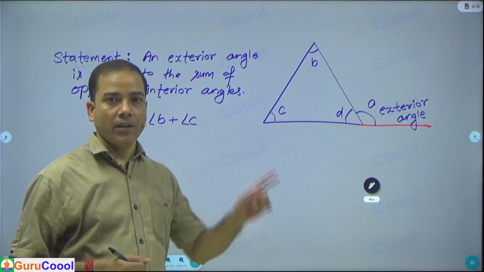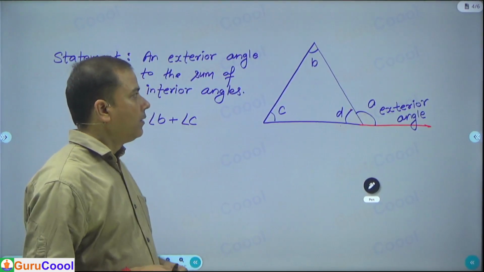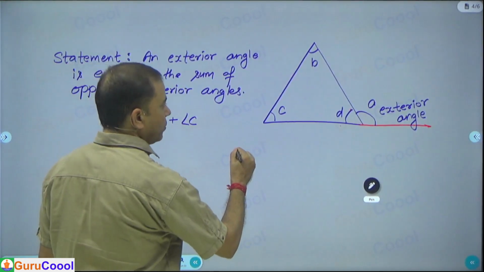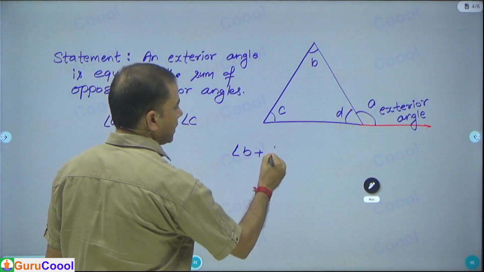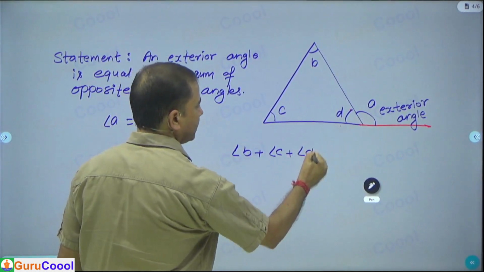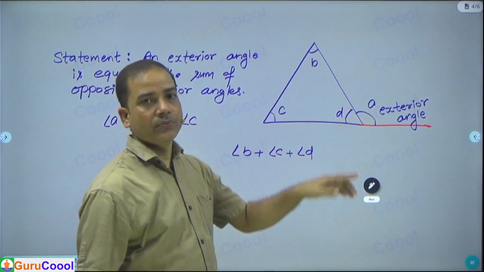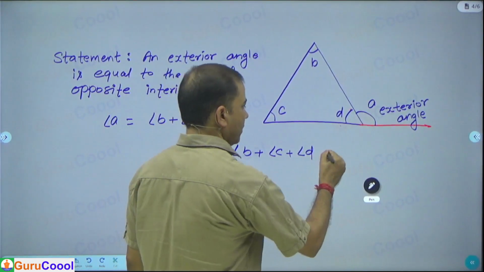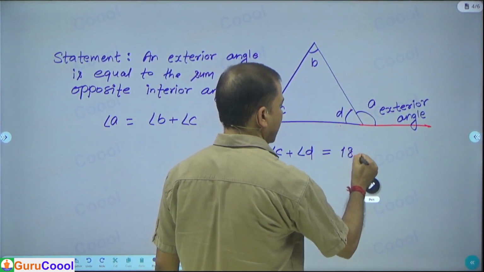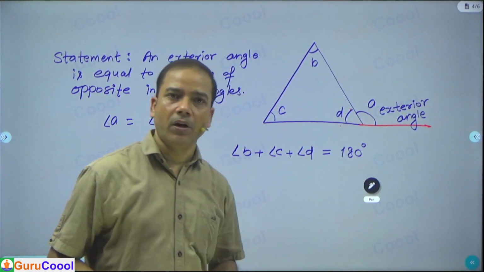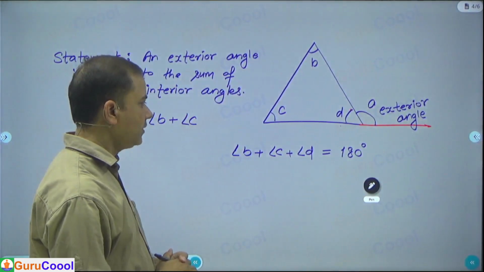I'll show it in the I button here. So angle B plus angle C plus angle D, these three angles of the triangle, make 180 degrees, according to the angle sum property of a triangle.